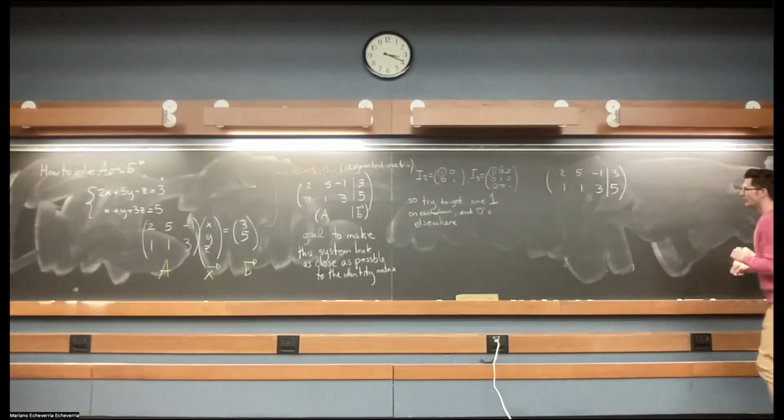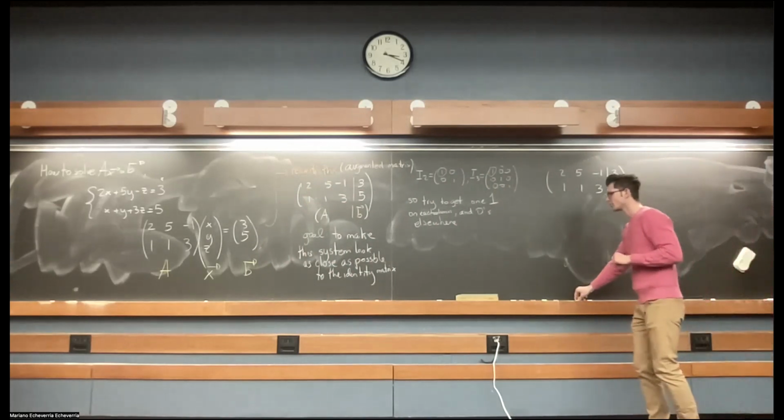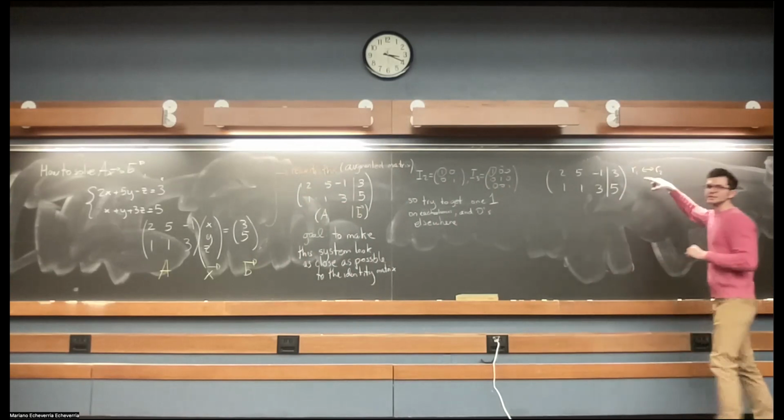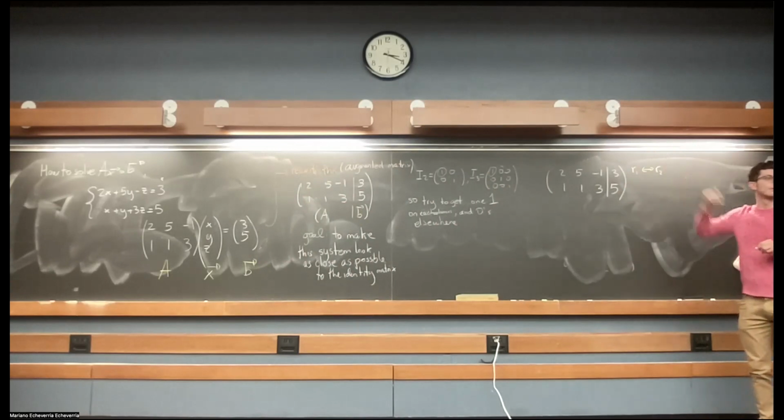The way we would write this operation is like this. I'm going to put row one. What this would mean is that I'm just going to swap row one and row two.